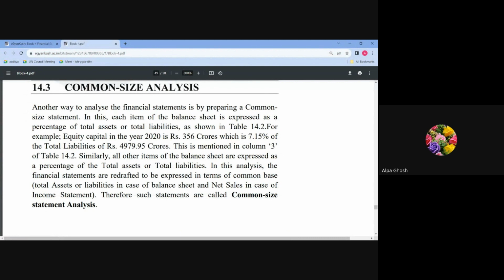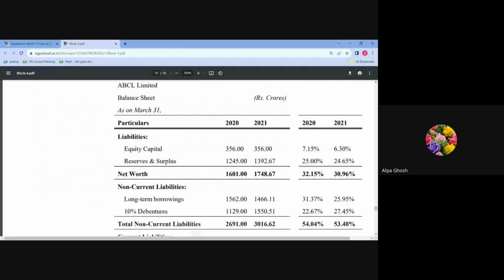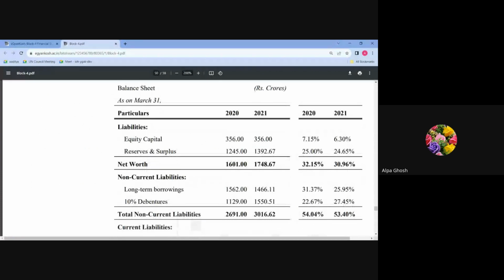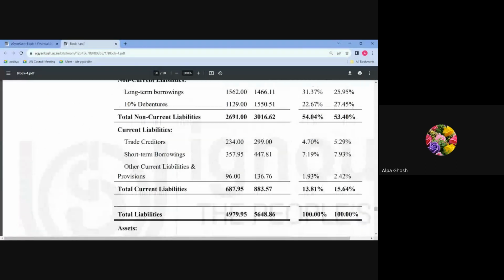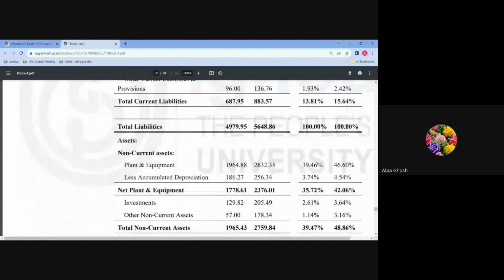Equity capital in the year 2020 is 356 crores, which is 71.15% of the total liabilities. So in common size, we take into account the total liabilities, and out of total liabilities, what is the proportion of your equity capital? Am I clear? So here we take into account the total capital, and from there we do the calculations.